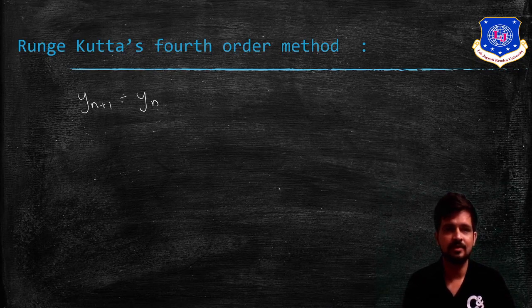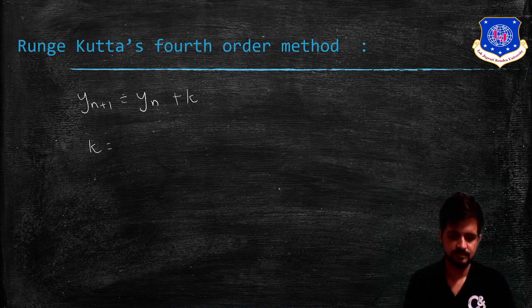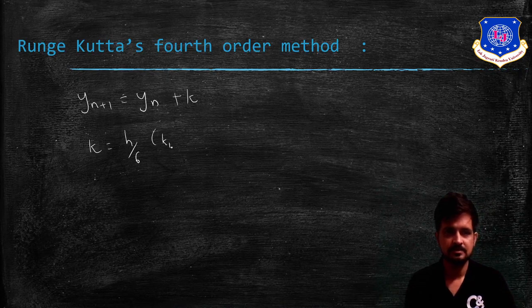yn plus 1 can be written as yn plus k, where k can be written as h by 6 into k1 plus 2k2 plus 2k3 plus k4.